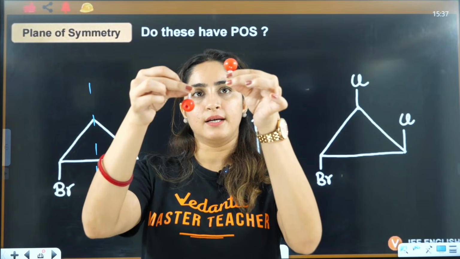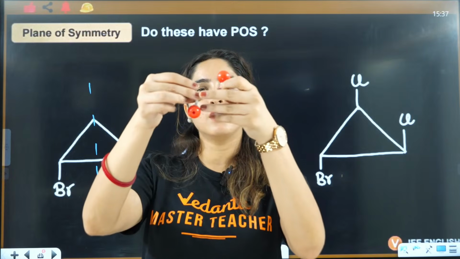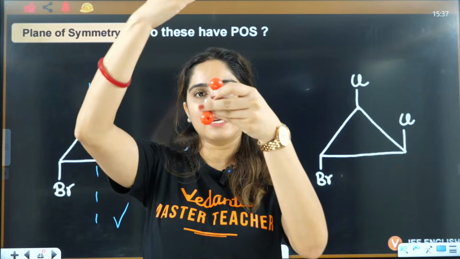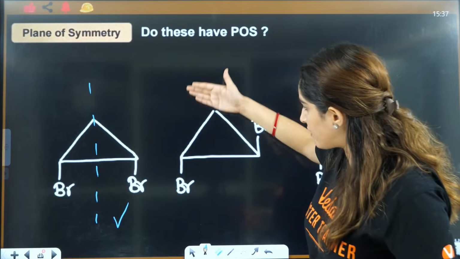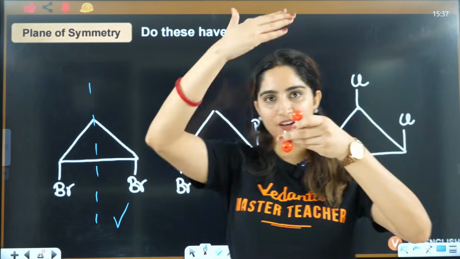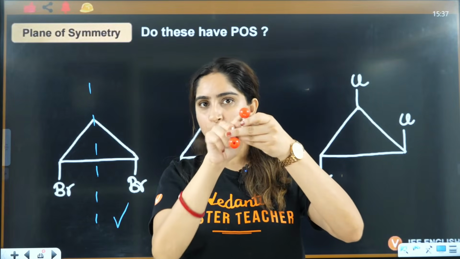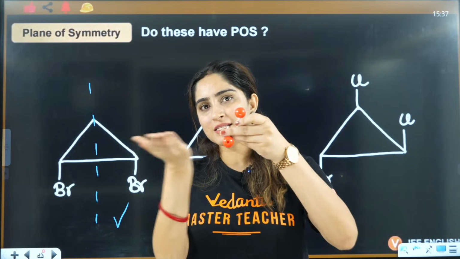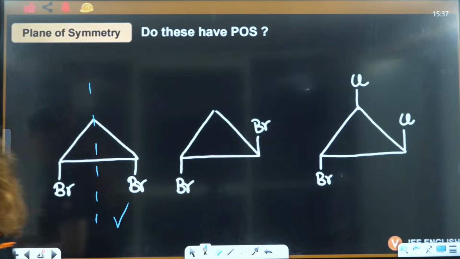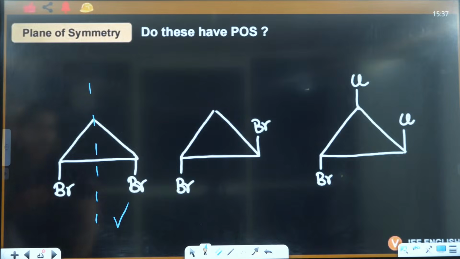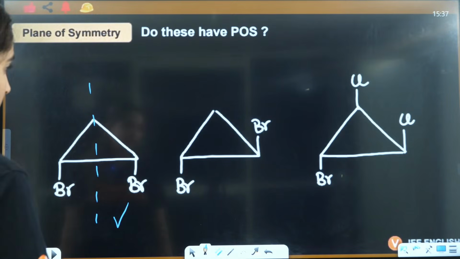See one thing, right? If you pass a plane like this, even then it is not divided into equal halves. If you pass a plane from this side, on the triangle side, even then these two are opposite, right? If you pass a plane like this, even then it's not possible, right? So it also depends upon what kind of condition you have.